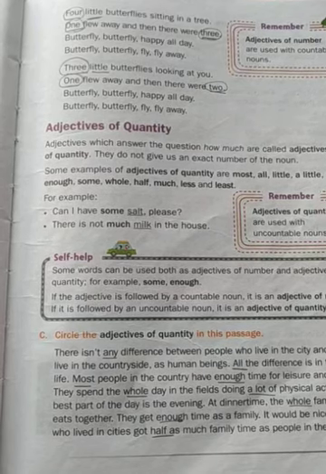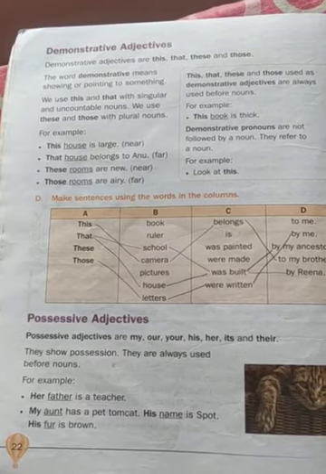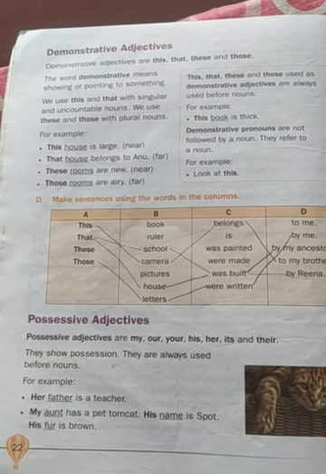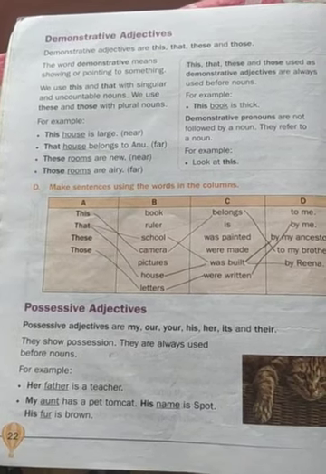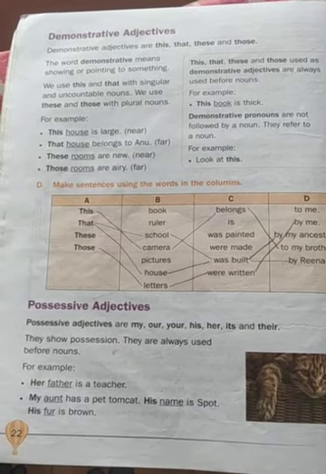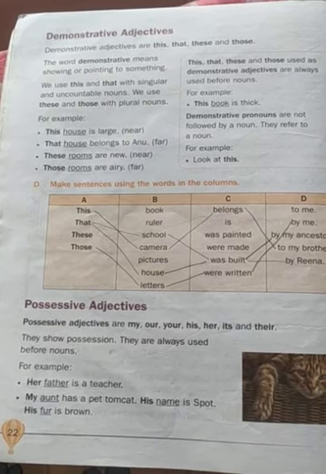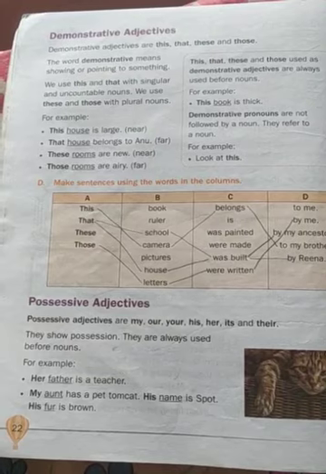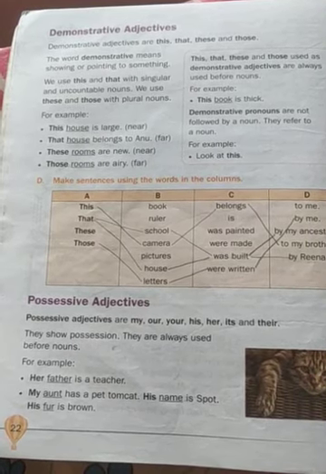The next type is demonstrative adjectives. What is meant by demonstrative? The word demonstrative means showing or pointing to something. It means we are showing something to anyone or pointing towards someone.